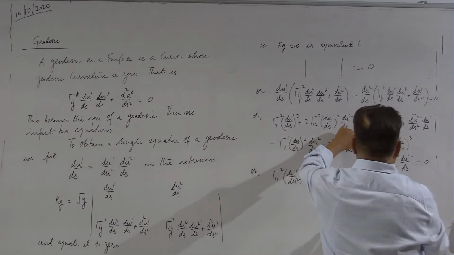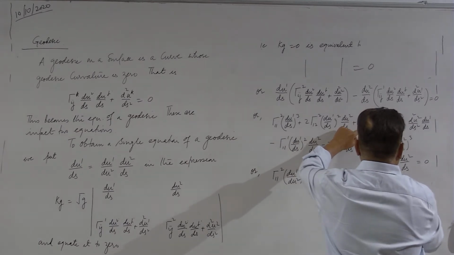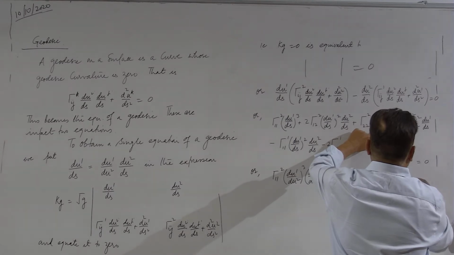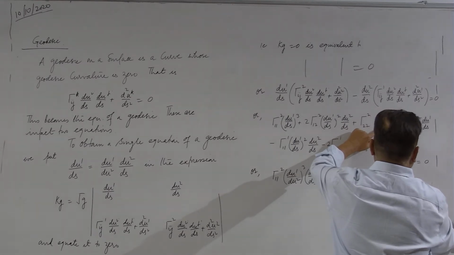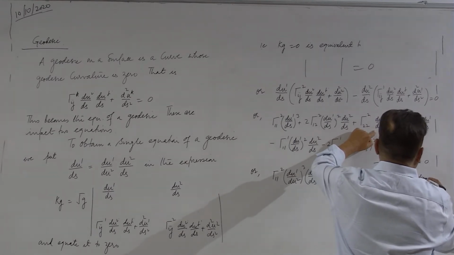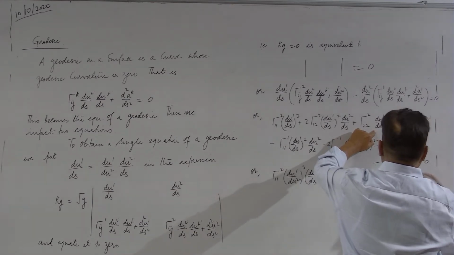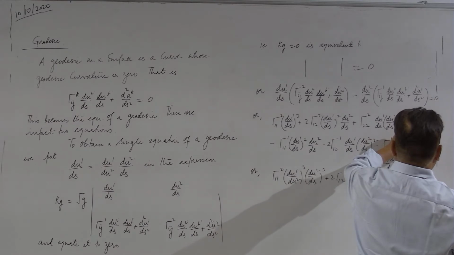Over here gamma 2 22 du1/du2 into (du2/ds) whole cube. Next is this.